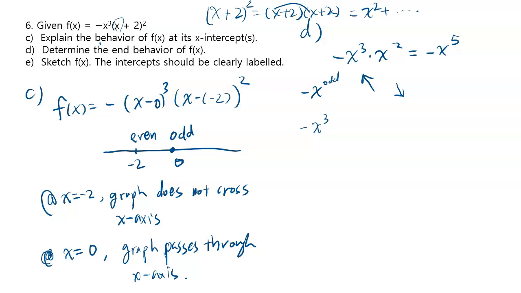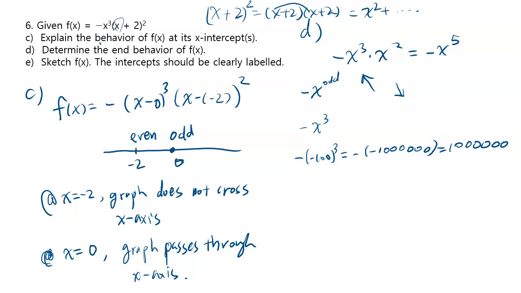On the other hand, if you plug in negative 100 cubed, negative 100 cubed is still negative 1,000,000, because if you take an odd power of a negative, it's still negative. But because these two negatives become positive, you just have positive 1,000,000. So you do see that as you go left, the graph will be going up, up, up, very, very high.